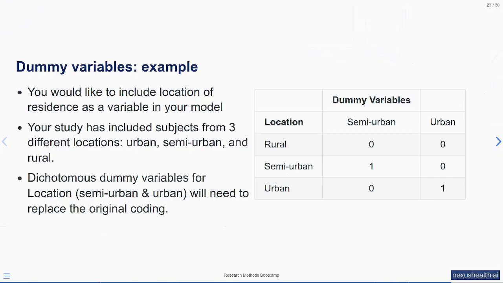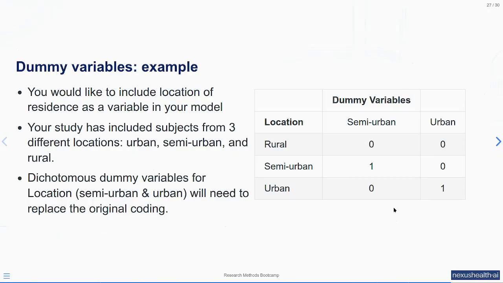location. You had a study that had subjects from 3 different locations: urban, semi-urban, and rural. This is how we would do the dummy coding. We create dichotomous dummy variables for location. Semi-urban and urban will need to replace the original coding, and this is what we have. What this tells us is that rural is being used as the reference value in this case, because it's 0 here, 0 here, and then this is 1, this is 1.